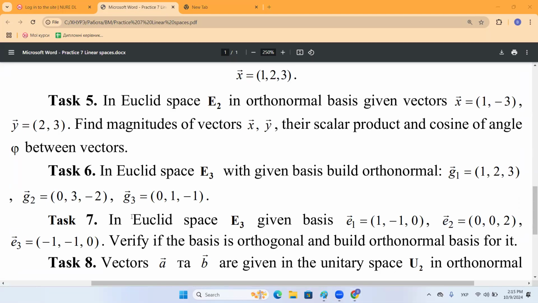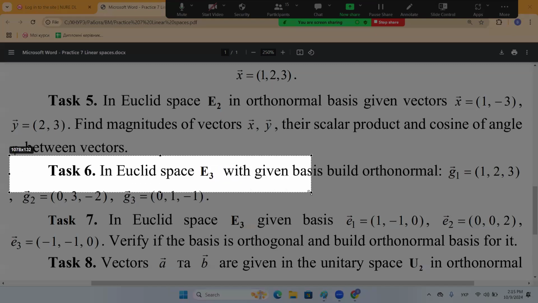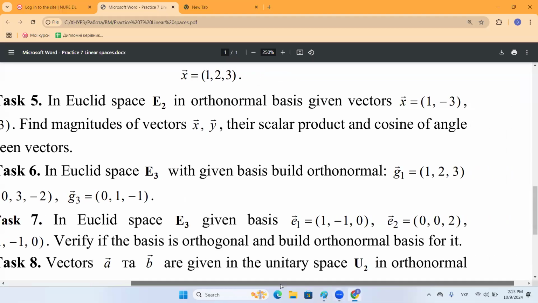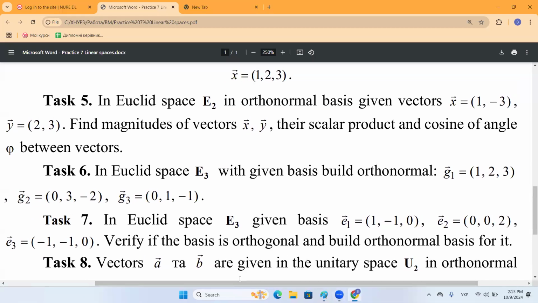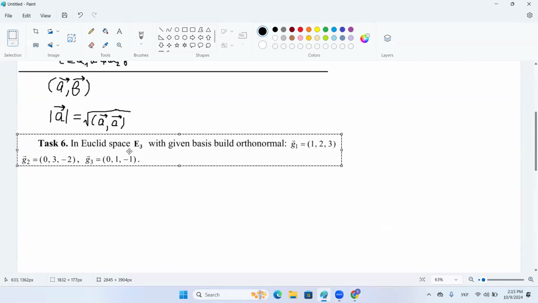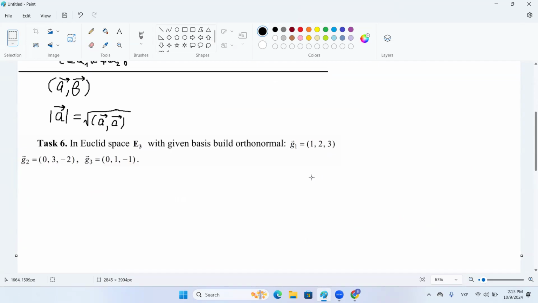So task number 6. Okay, so we have a basis in Euclidean space, so just 3 non-coplanar vectors.